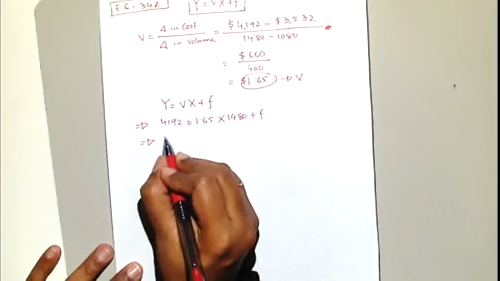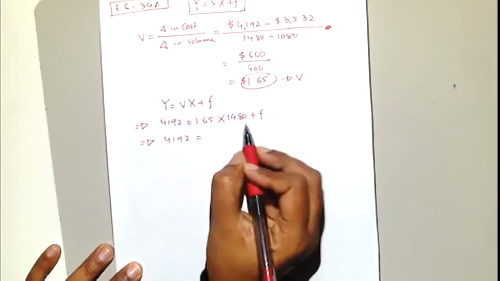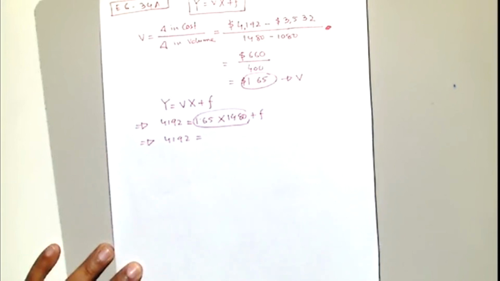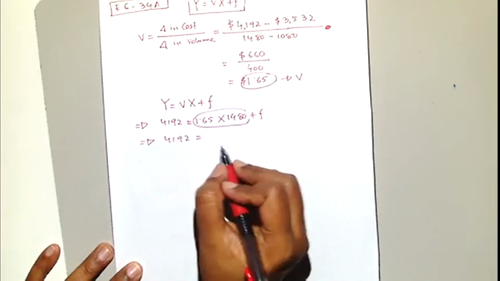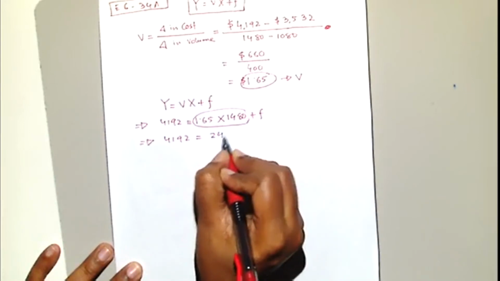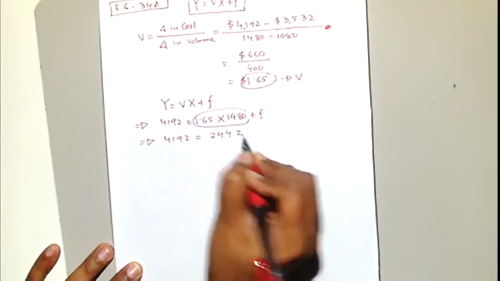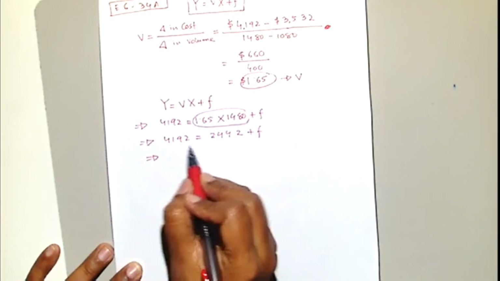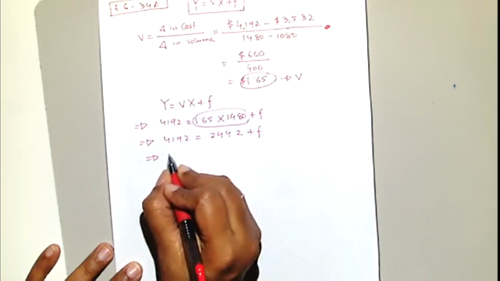Right? So, can you tell me this number first? I'm just trying to do every step. This number. You didn't get it? Yes, Mackenzie, please. 2,442. Excellent. And F. Now solve for F. If you take the lower part here, you need to change the sign. Right.